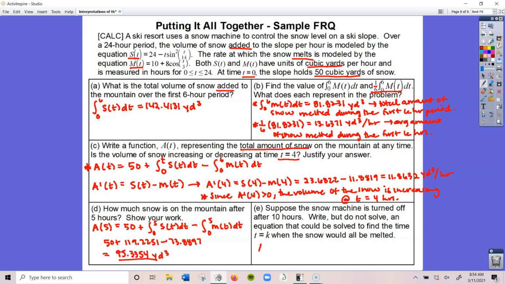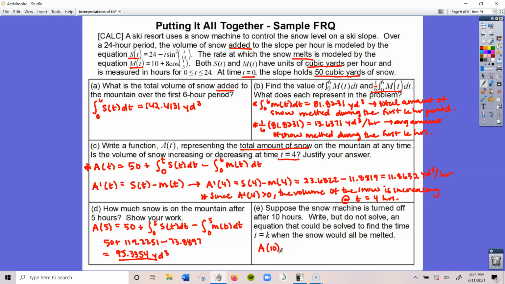So we would write first A of 10, because that's the amount of snow on the mountain after the first 10 hours. And then after that, since the snow machine is turned off, no more snow is being added, but snow will be melting. So that would be m of t. But remember, m of t is a rate, and we want the equation that represents when the amount of snow is all melted.